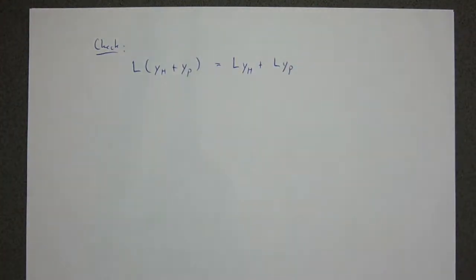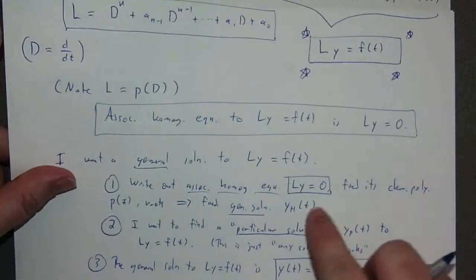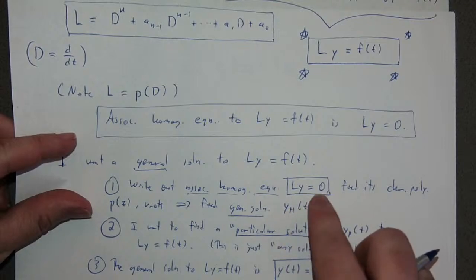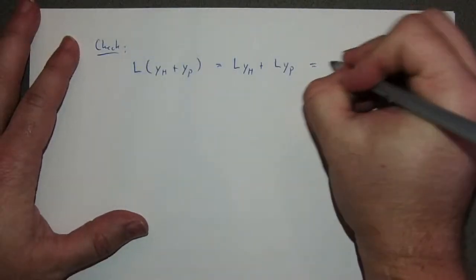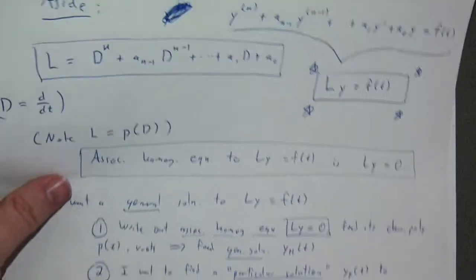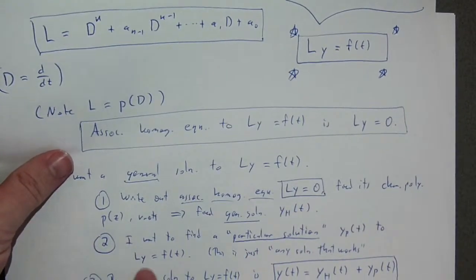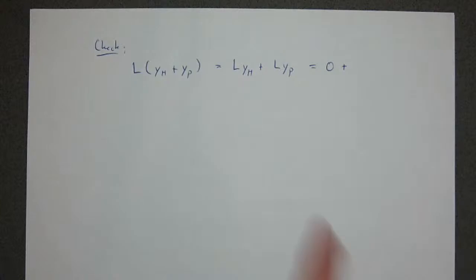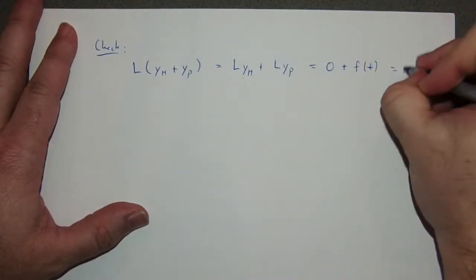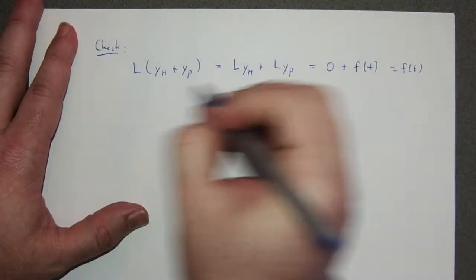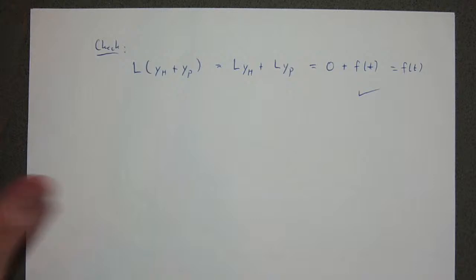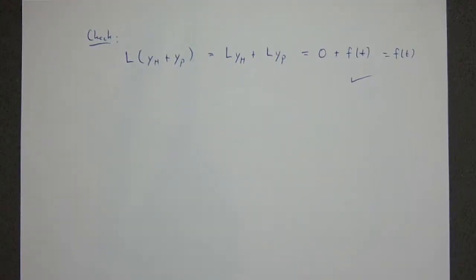But y sub h is the general solution to the homogeneous equation, so L of y sub h is 0. And y sub p is a particular solution to Ly equals f of t, so L of y sub p is equal to f of t. So L of y sub h plus y sub p is equal to f of t. So y sub h plus y sub p solves Ly equals f.